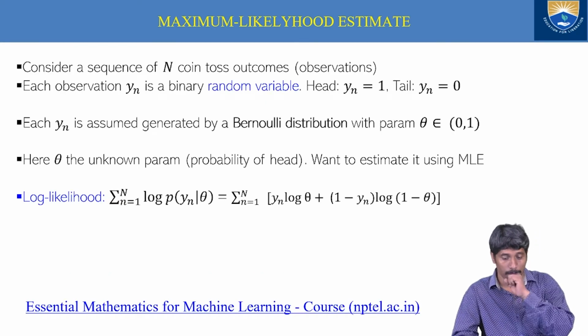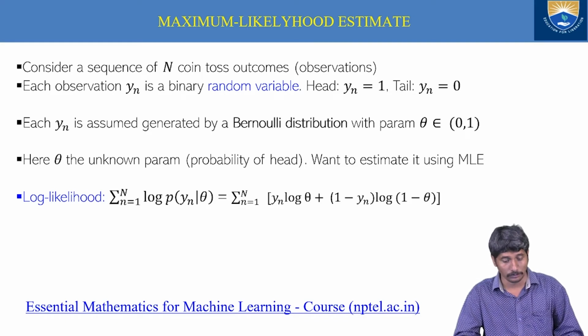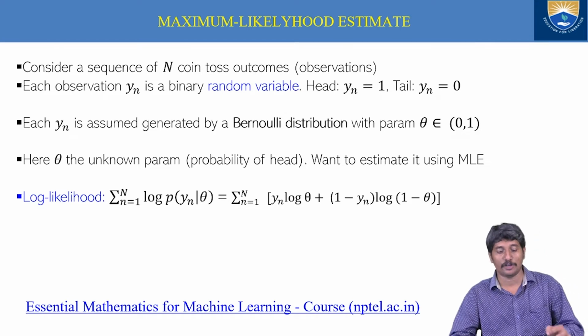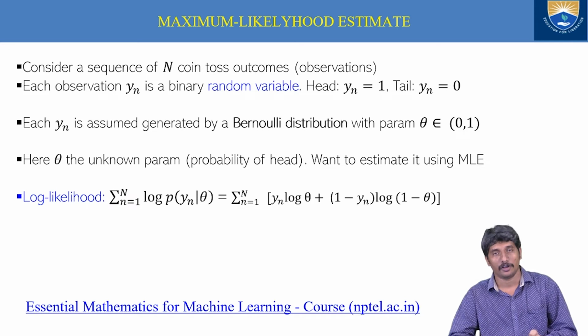Okay, now here we are going to see a small example of maximization of a likelihood function. Consider a sequence of n coin toss outcomes. That means you are tossing a coin n times.